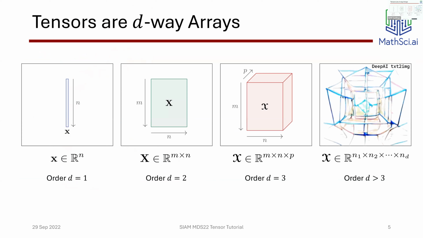And then much of the mathematics gets very, very interesting. Here we have a picture of an m by n by p tensor. When you get to higher orders, it's a little harder to draw, but my friend at Deep AI Text to Image created this lovely rendering of a higher order tensor for us to enjoy.